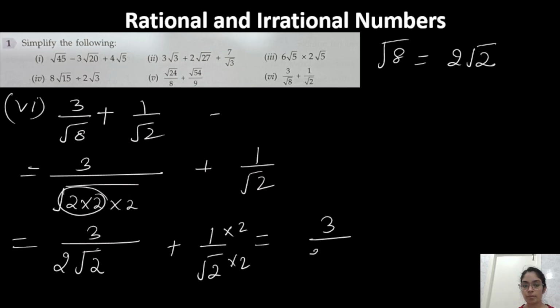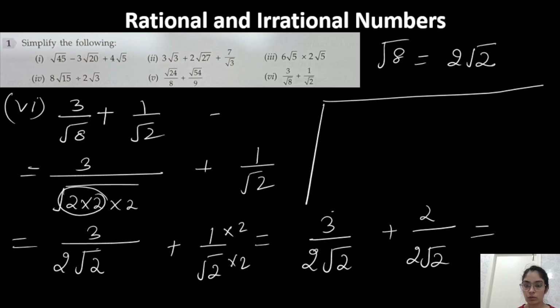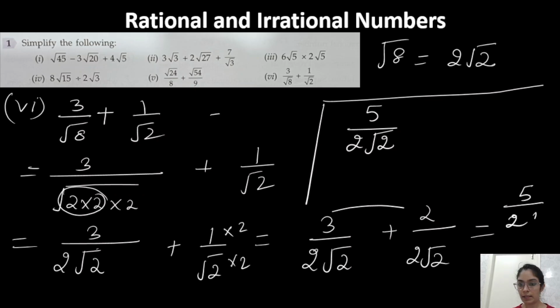So this is 3 by 2 root 2 plus 1 into 2 is 2, 2 into root 2 is 2 root 2. So now these numbers we can add. So 3 plus 2 is 5, denominator one single time we can write, 5 by 2 root 2. Yes, it's visible. So here I can write 5 by 2 root 2.